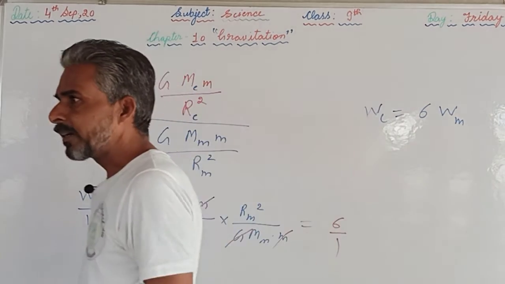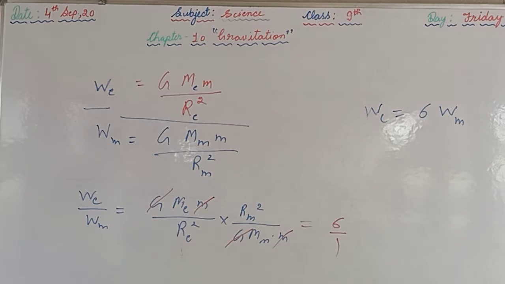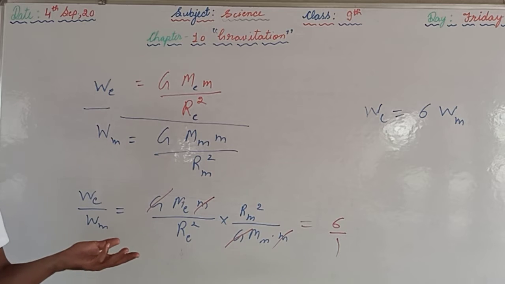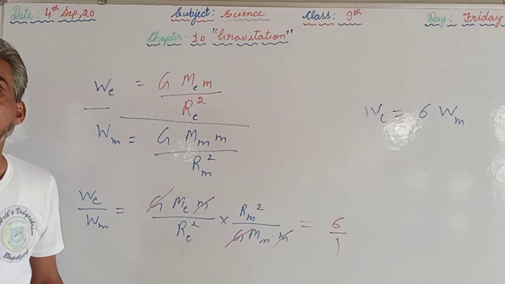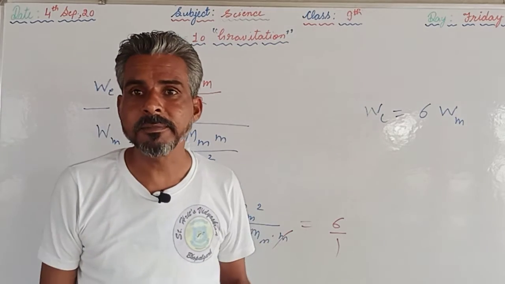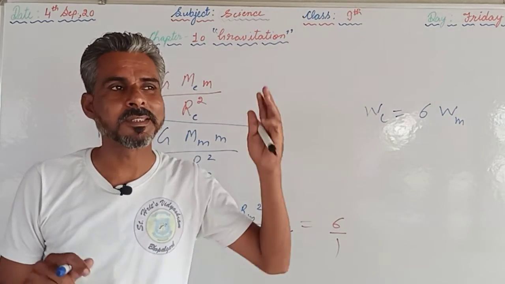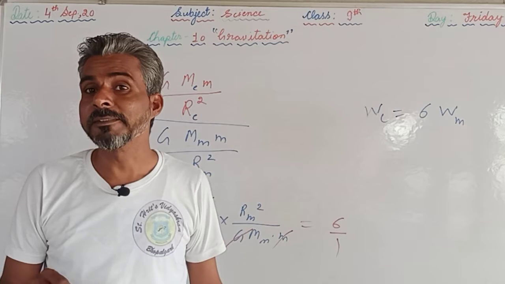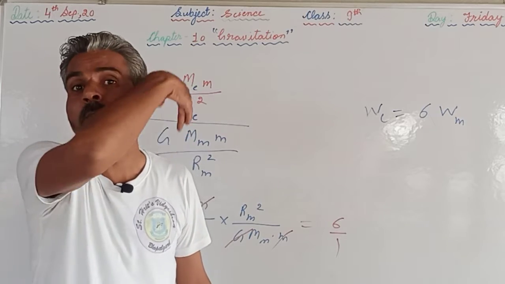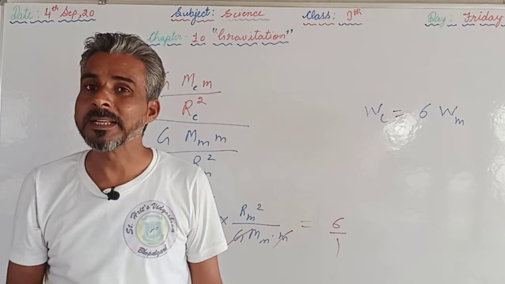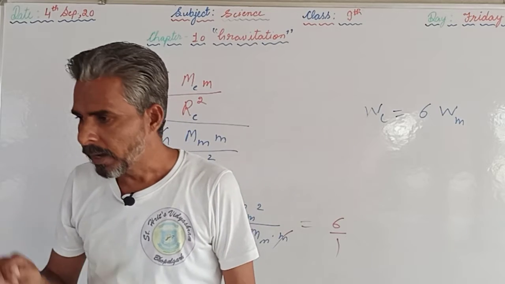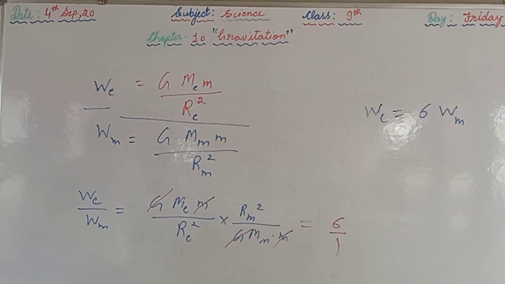Or secondly we can say the weight of any object at moon will be 1/6 of the weight of that object at the earth, meaning on going to the moon the weight reduces to 1/6, because the acceleration due to gravity on moon is less as compared to the acceleration due to gravity on earth. So this we are supposed to use in the questions.